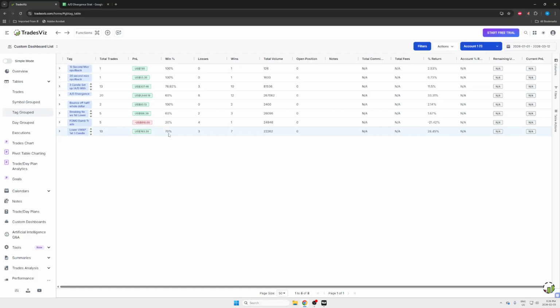Ever since I started setting hard rules for it, where it needs separation and all that stuff, I've had a 70% win percentage, with a total percent return of 28.45 and a P&L of $763. This is in addition to my actual AD divergence, which has made this much with 60% in the past 2 weeks, basically. So I've really locked those rules down.